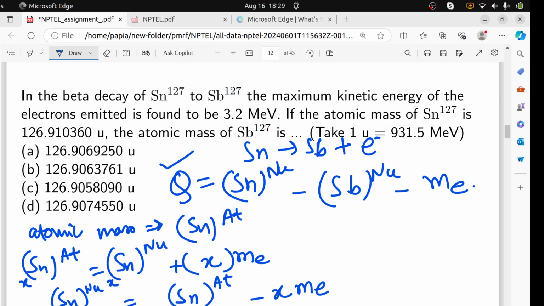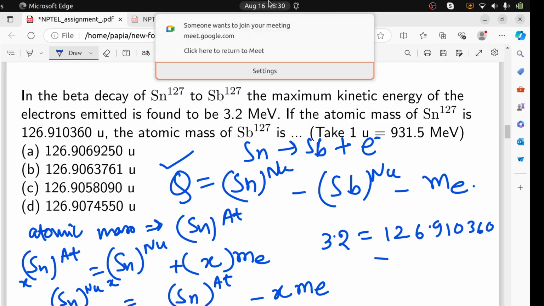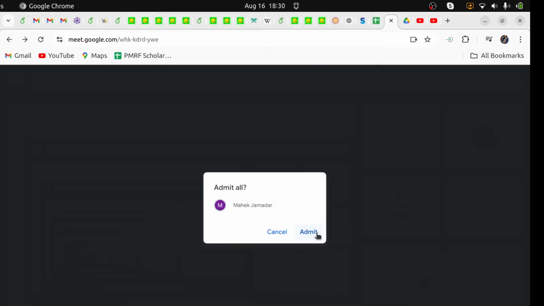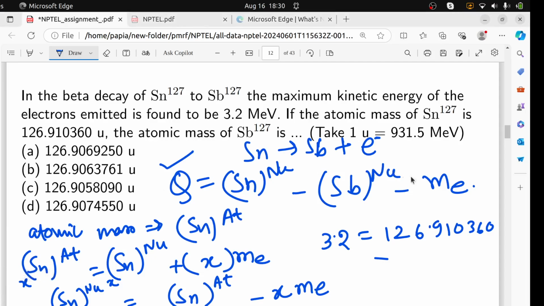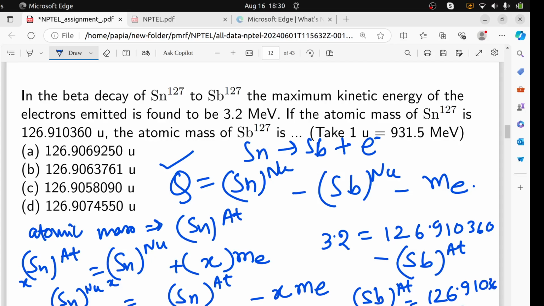Now in that question it was written that 3.2 is equal to atomic mass of Sn, given as 126.910360, minus Sb atomic, and they are asking what will be the atomic mass of Sb. So simply we will write Sb atomic is 126.91036 minus 3.2.